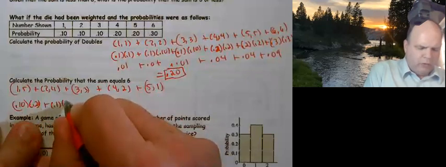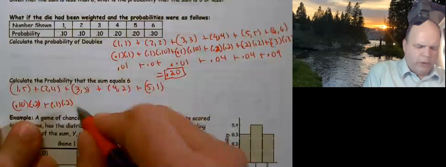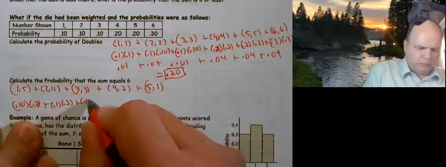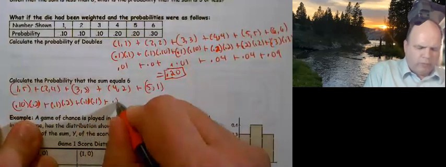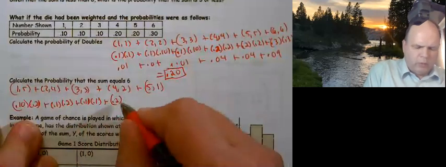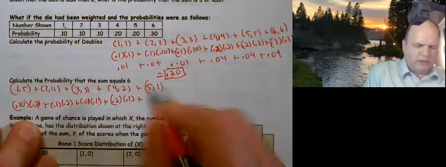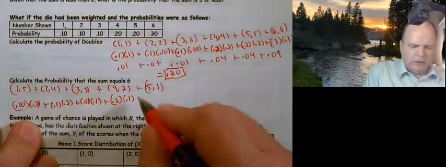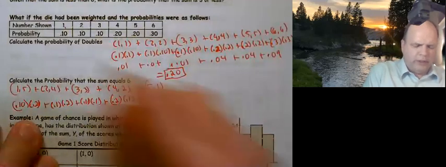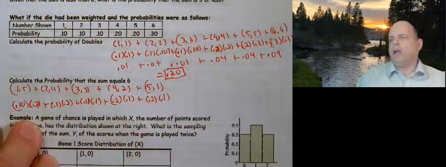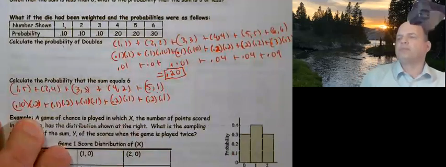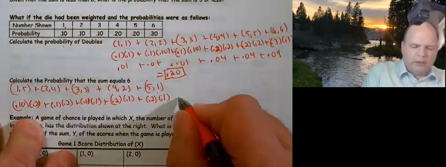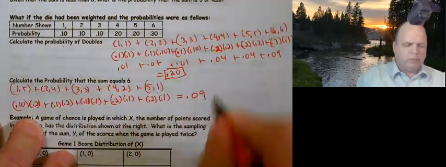The 4 is 0.2. The 3 is 0.1. Four is 0.2. The 2 is 0.1. And then the 5 is 0.2, and the 1 again is 0.1. When I add all of those up, I end up getting 0.09. Okay.